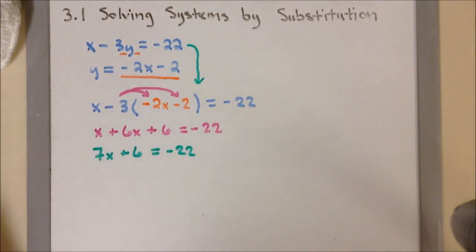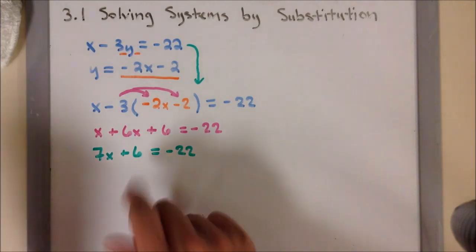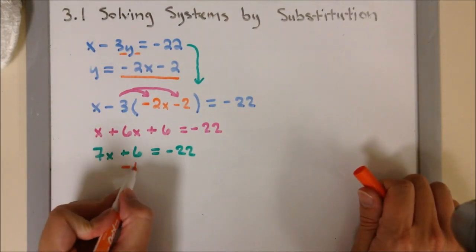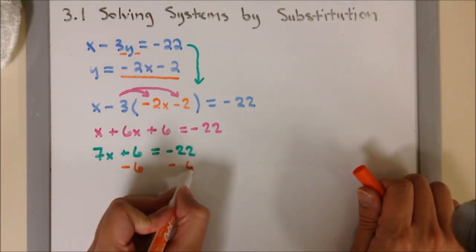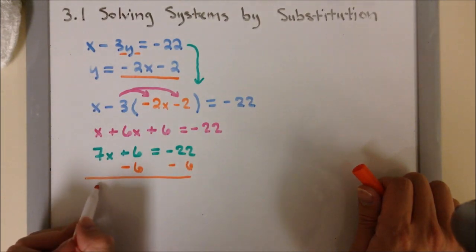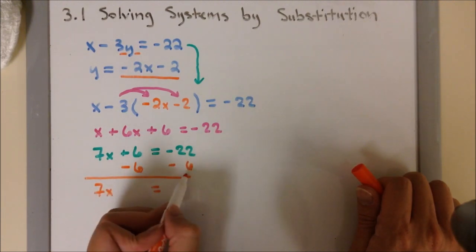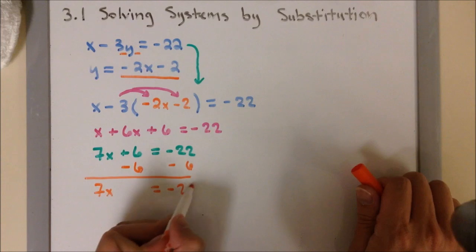Alright, in order to solve for x, I need to get 7x by itself. Therefore, cancel out the plus 6, which is minus 6 on the left, then minus 6 on the right. From there, we're going to get 7x equal negative 22 minus 6. That will be negative 28.